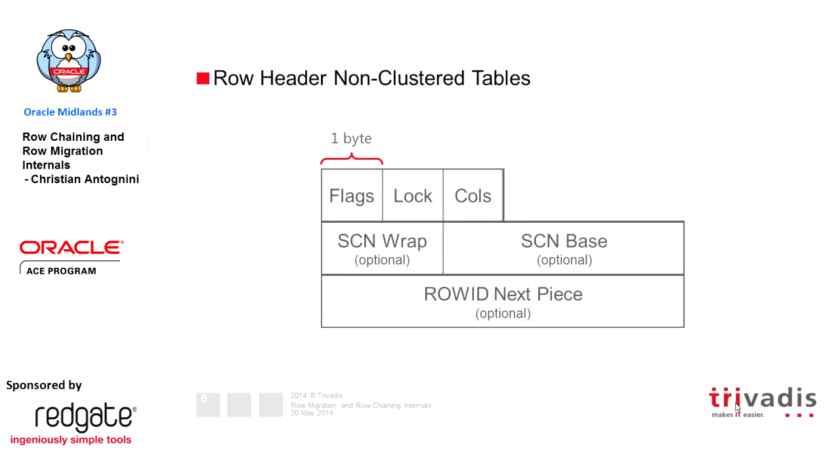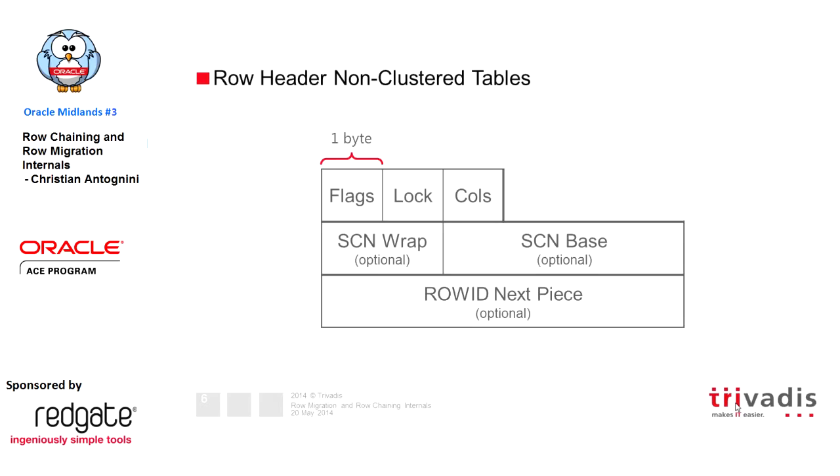Since we have 1 byte, we can store in one row at most 255 columns. Okay, and we will see later why this limitation is important. It's important because in an Oracle database you can define 1,000 columns per row, but at the physical level you can store only 255.